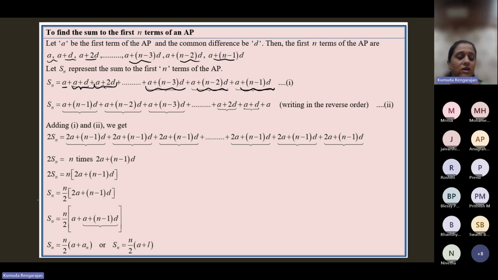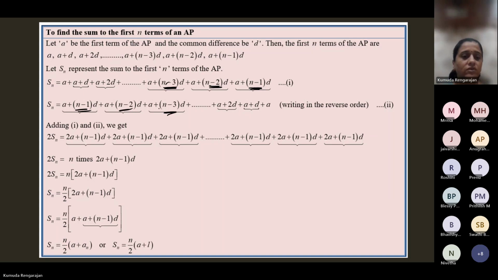This is Sn. Now write the same thing in the reverse order. So Sn will be equal to, write this one first, then write this, then this, then this, and then this. So what I have done is I have taken 3 terms from the beginning and 3 terms from the end.